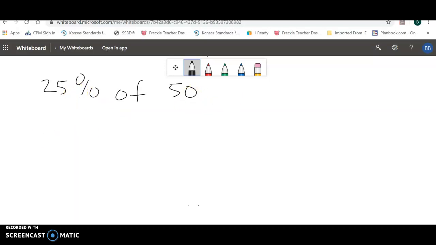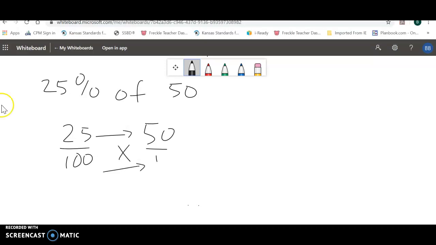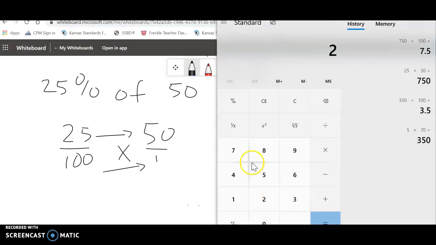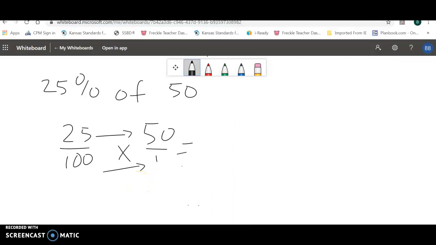So 25% is 25 over 100 times 50 over 1. Multiply 25 times 50. Check that on your handy dandy calculator. 25 times 50 is 1,250.